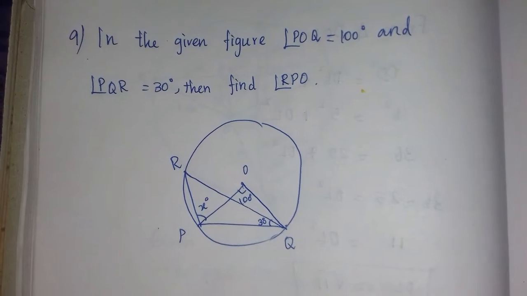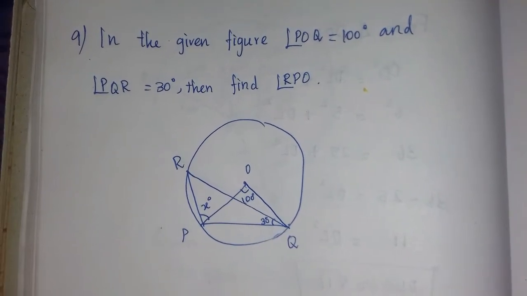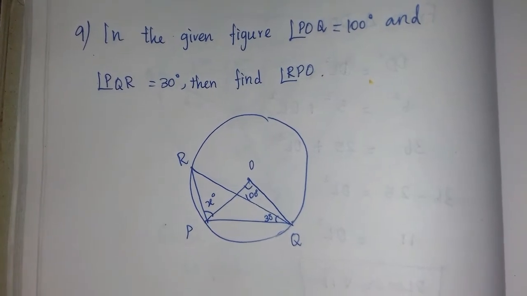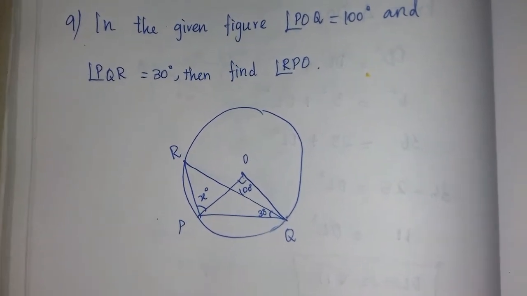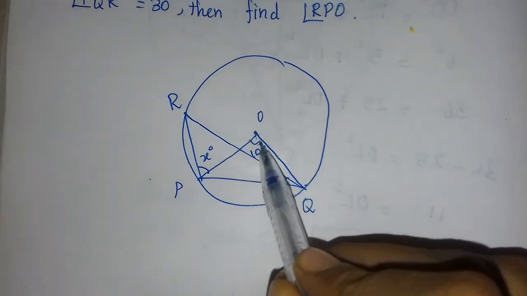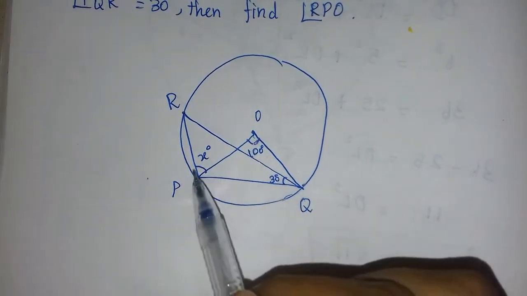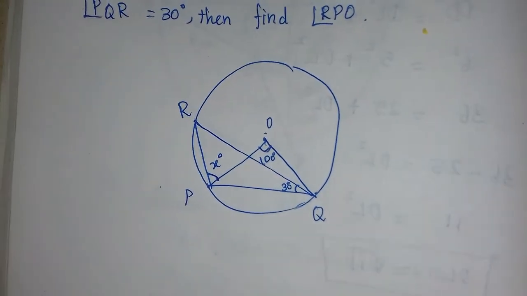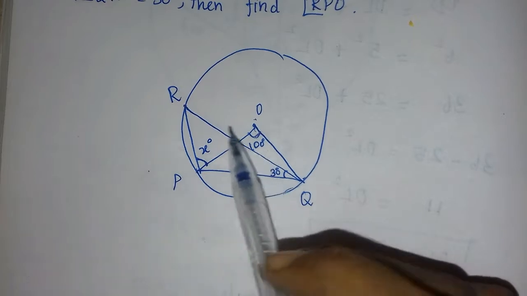In the given figure, angle POQ is 100 degrees and angle PQR is 30 degrees. Then find angle RPQ. Now see the diagram. I have marked all the angles. Then we have to find angle RPQ. This angle should be found. Okay, first let's find this angle.